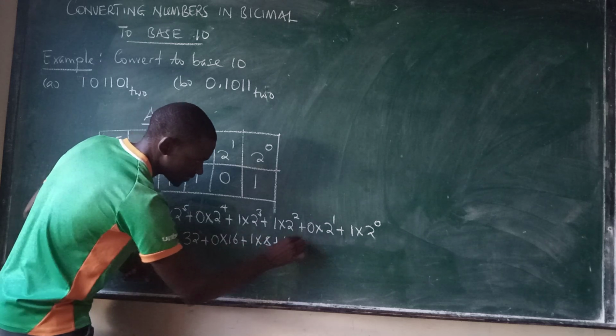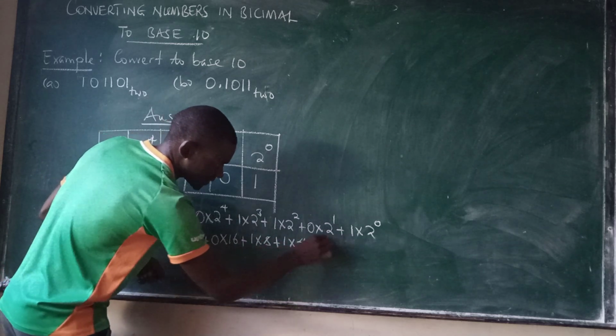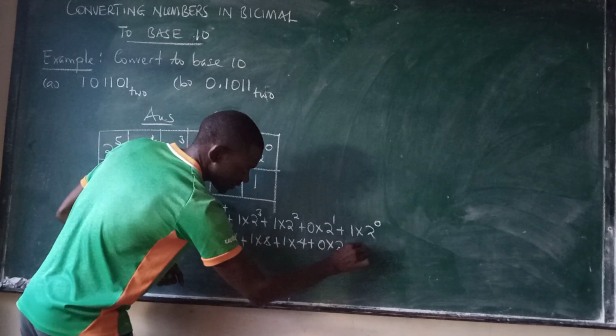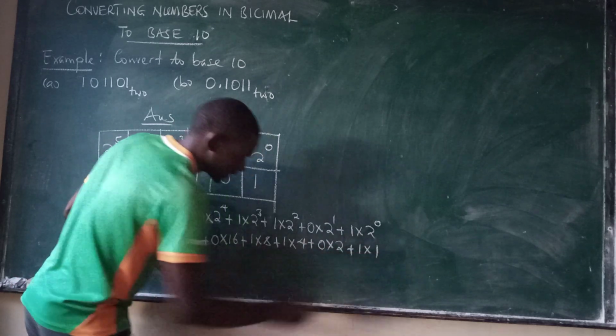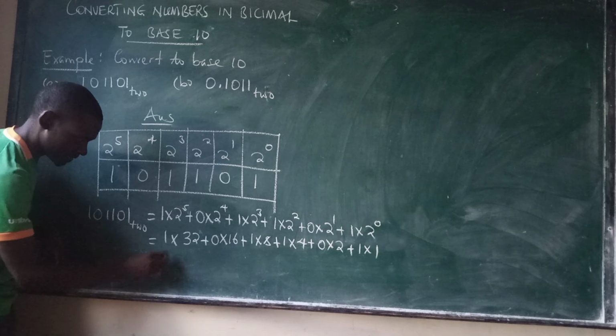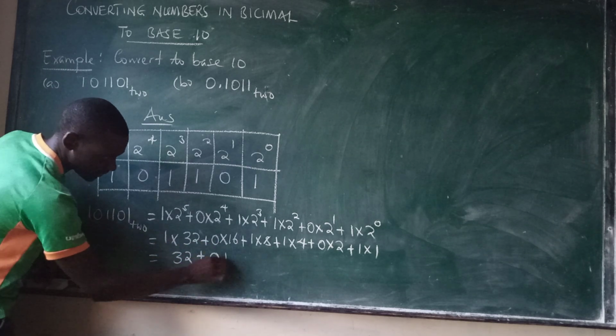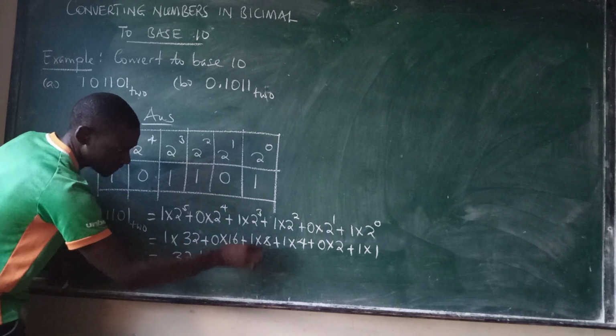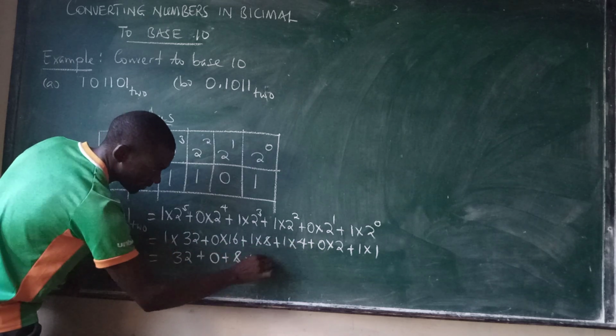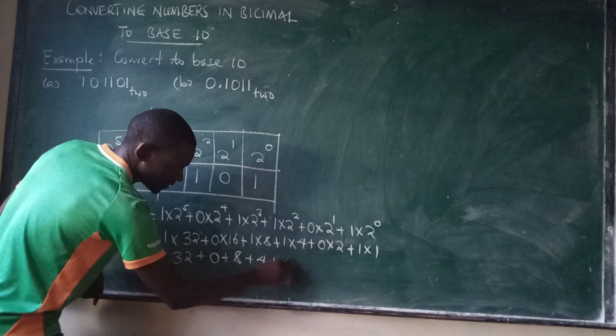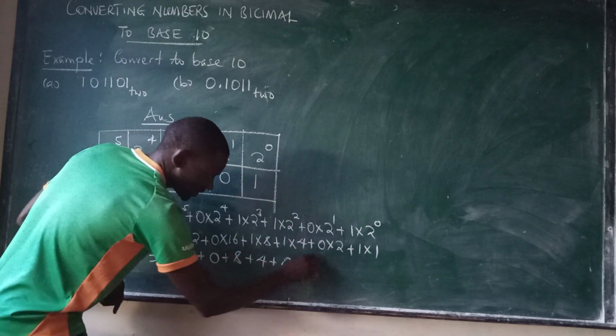Then 1 times 4, 0 times 2, 1 times 1. That gives us 32, 0, 8, 4, 0, and then 1.